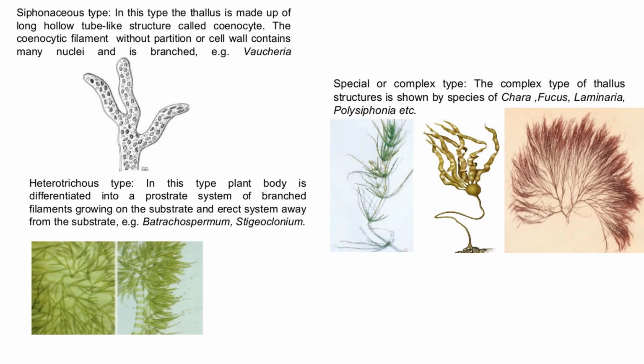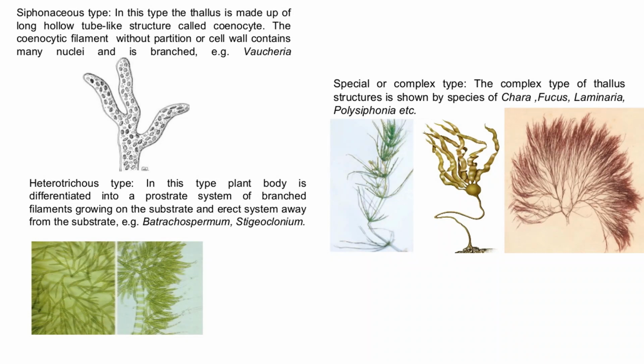Next, we have the special or complex type. This type of thallus structure is known for species of Chara, Fucus, Laminaria and Polysiphonia, because they have special or complex structures. They do not have a filamentous or colonial form. You see in all the figures that they have different special structures. The first figure is Chara, which has cells on its branches.